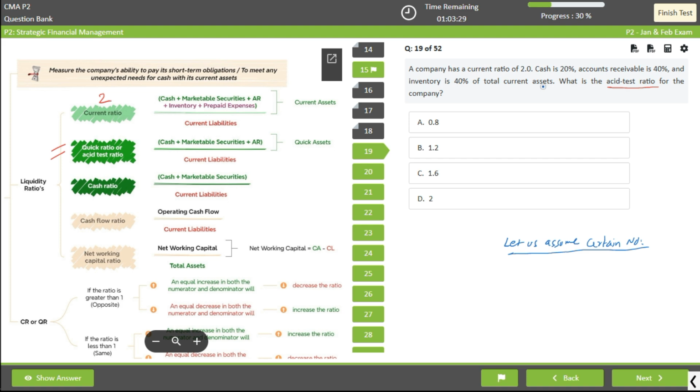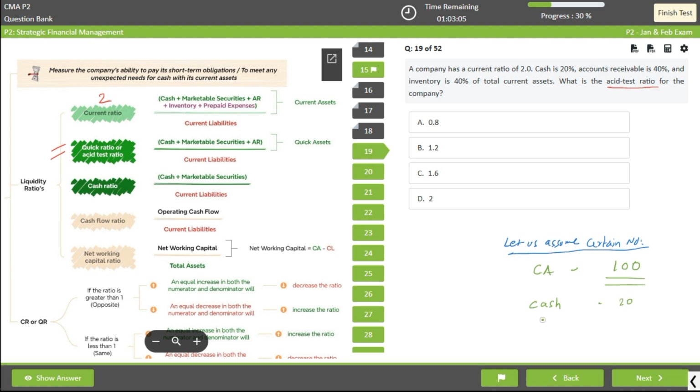Inventory is 40% of total current assets. So let us assume that your total current assets is 100. If your total current assets is 100, your cash is 20% of that, so cash is 20.